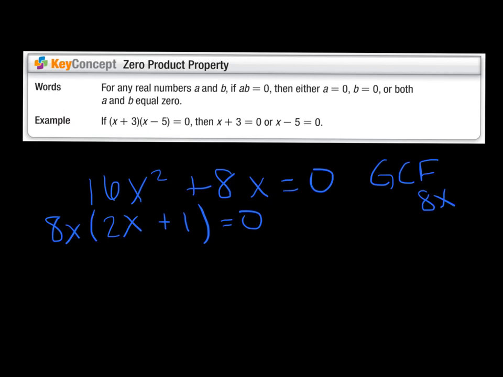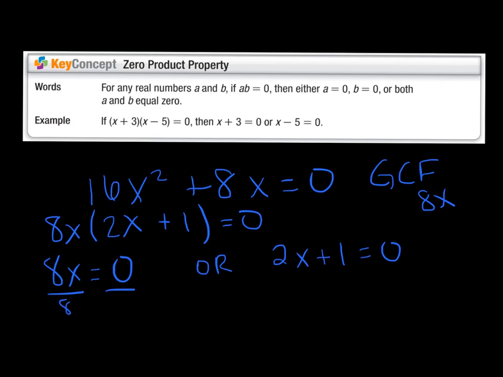So we're going to take one of our terms, which is the 8x, and set that equal to 0. Or we're going to have our other term, 2x plus 1, and set that equal to 0. Okay, so now we have two problems that we're just going to solve for x. So let's start on the left.